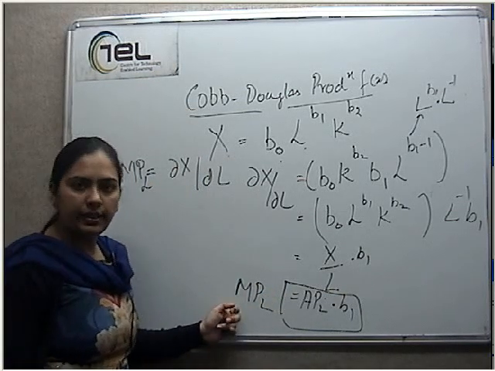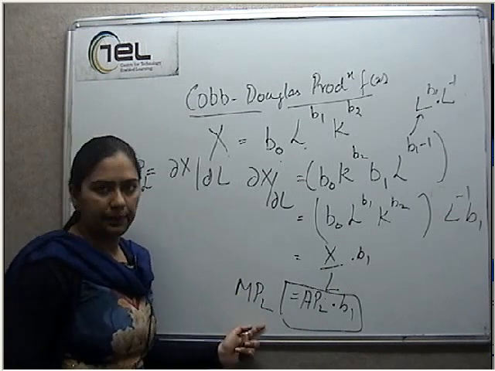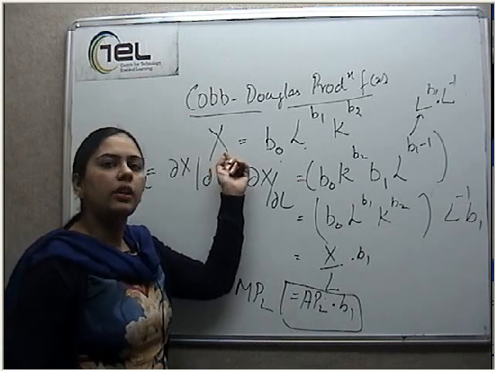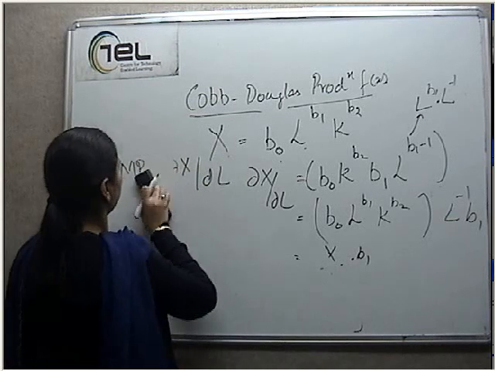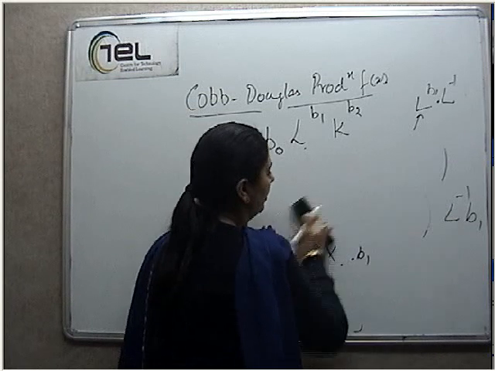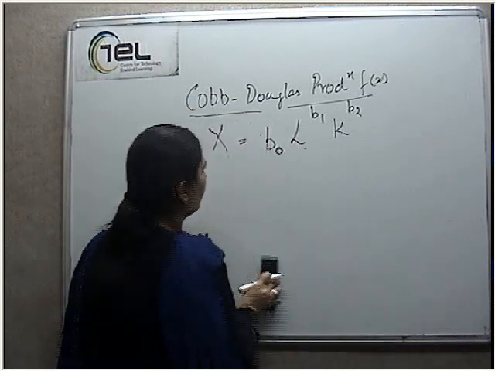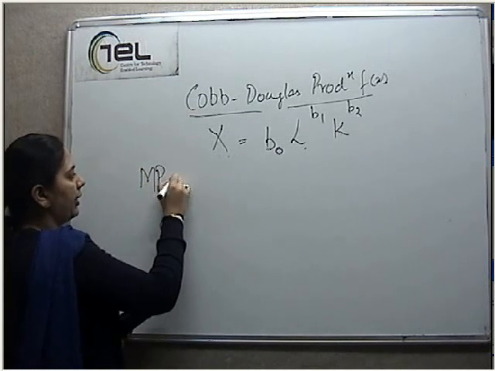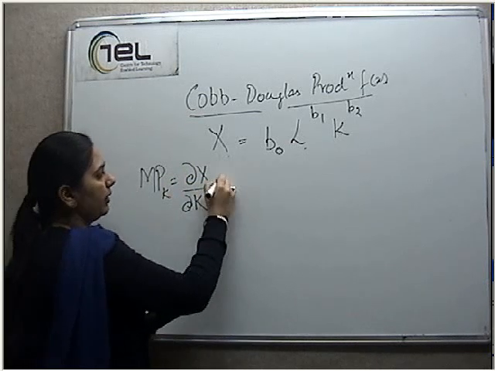Now along the same lines, I will find the marginal product of capital. We will differentiate this x with respect to K. The marginal product of capital is dx by dK.